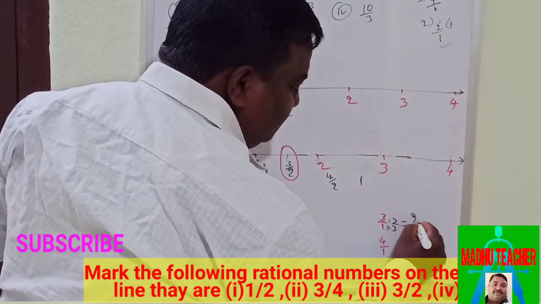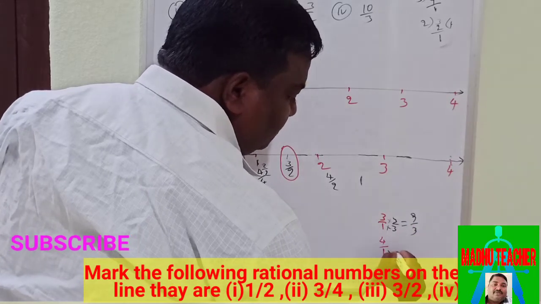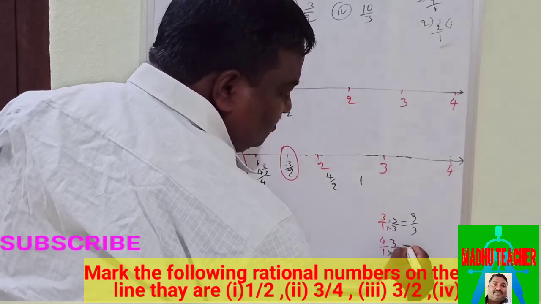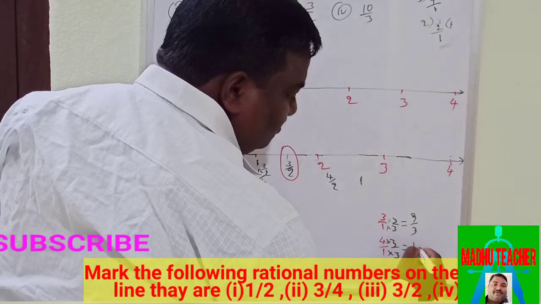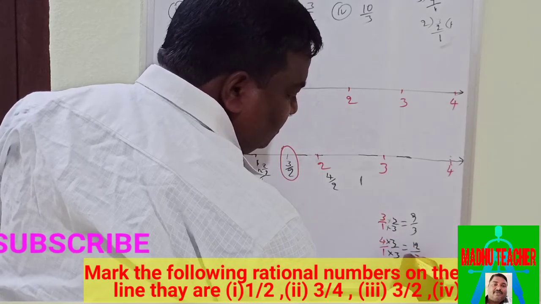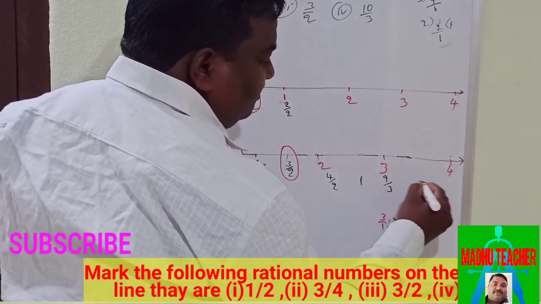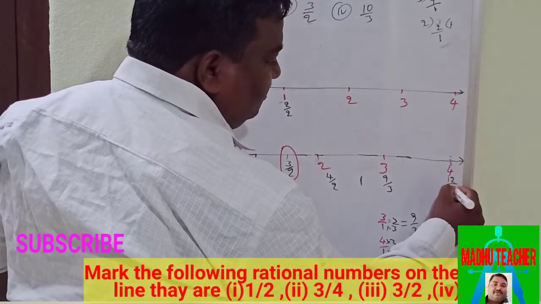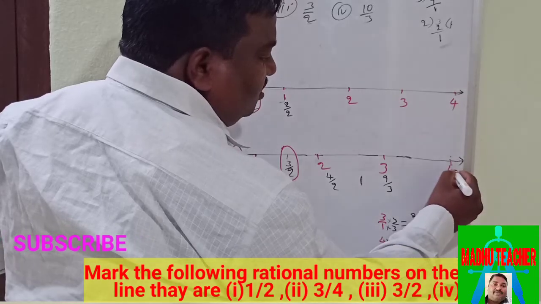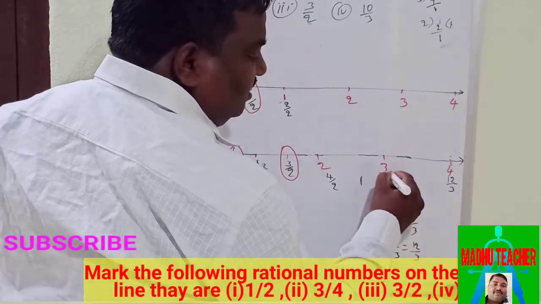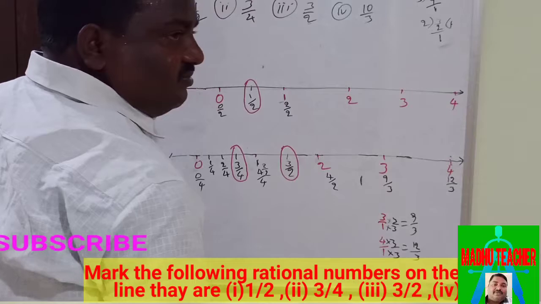So that is 9 by 3 and multiply again with 3. So that is 12 by 3. Now it is 9 by 3. It is 12 by 3. By multiplying, 3 1s are 3, 3 3s are 9, so you will get the same 3. 3 4s are 12, you will get the same 4.